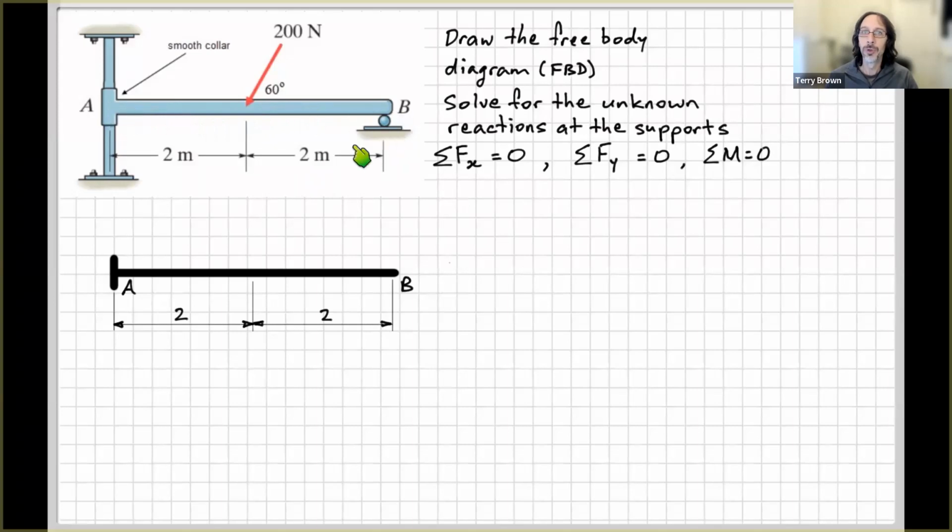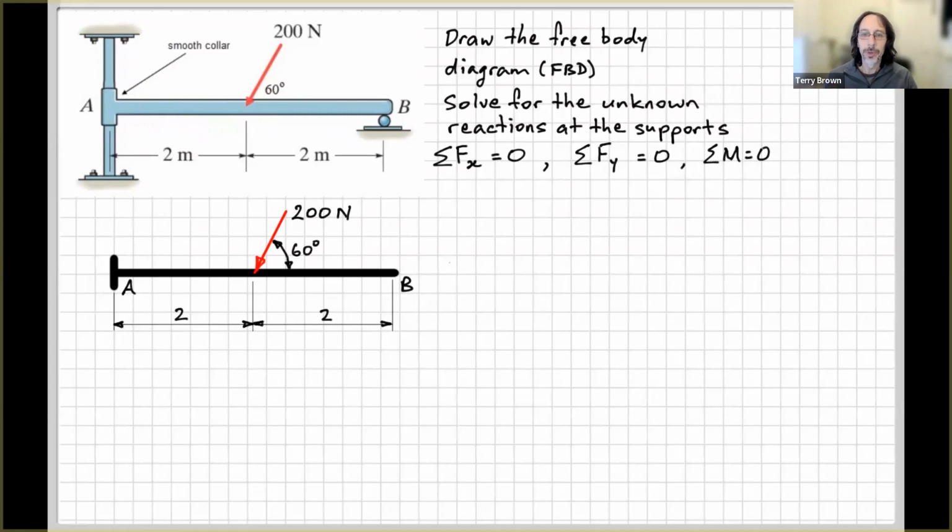Free of the roller support and free of this vertical post here where we have this smooth collar attached. Right? So I've seen students in the past in class exercises when they've gone to draw a free body diagram of this problem include all of this stuff here. Right? We don't want that. All we want is the component AB.